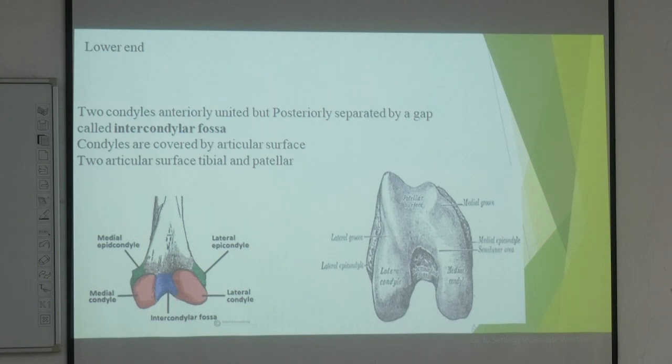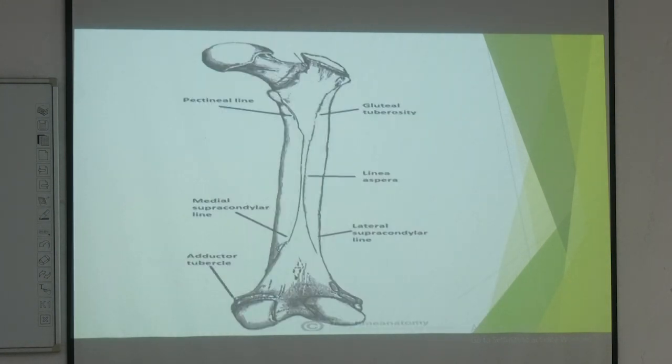So we'll talk about the epicondyle on the medial side. You identify the medial condyle, then identify the medial epicondyle. That medial epicondyle is also known as the adductor tubercle.